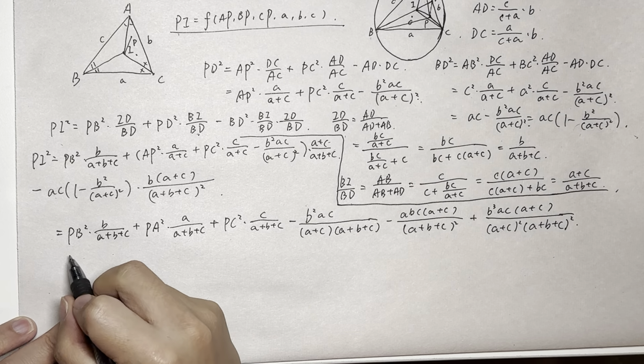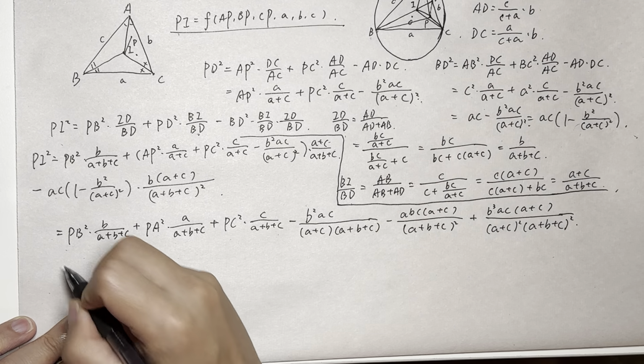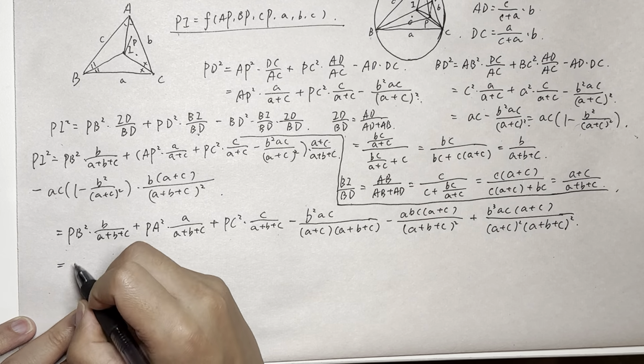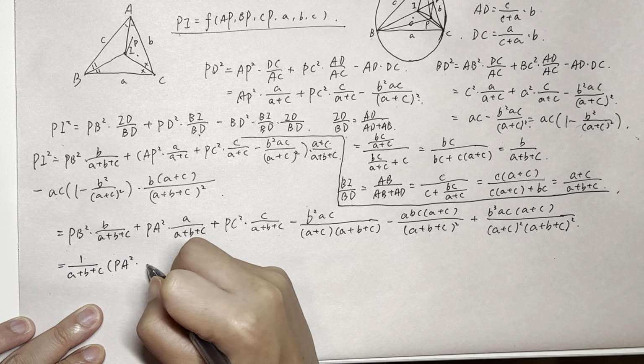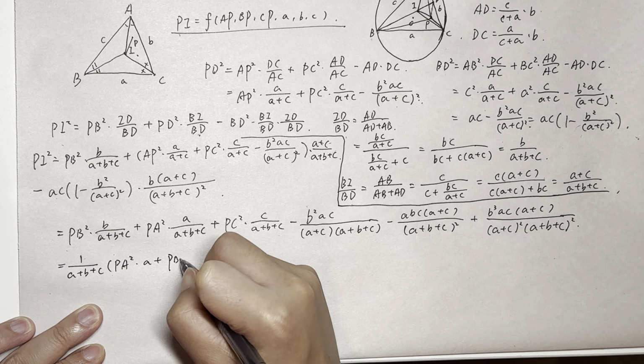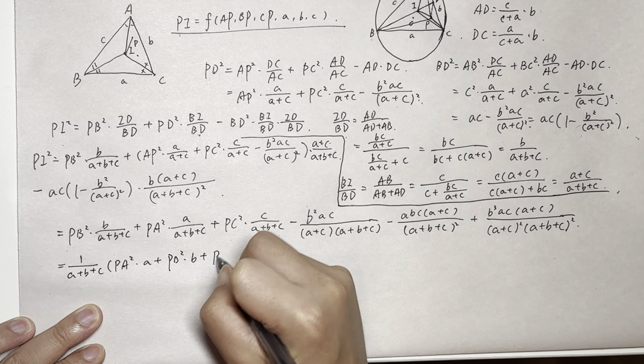Right, so for here, it's very straightforward to look at, which is 1 to A plus B plus C times PA squared times A plus PB squared times B plus PC squared times C, right? And the rest part, let's deal with it separately, right?